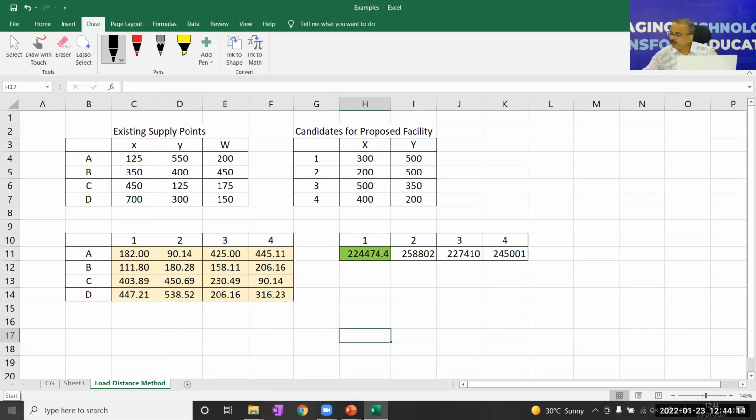But now there are 4 proposed locations. Out of these 4 locations, we have to select 1 location. Let's say for meeting the requirement of these 4 warehouses, we have 4 different locations.